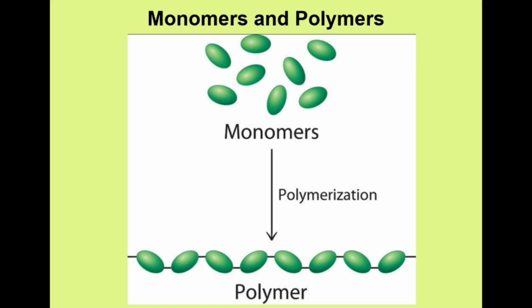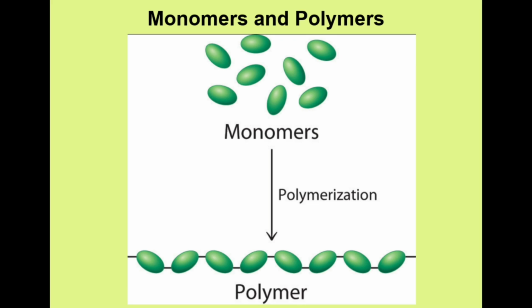Each individual bead would be a monomer, and you join them all together to make the necklace, and the necklace would be a polymer. And we're going to see this happening in carbohydrates, in our nucleic acids, and in proteins. So polymers in these cases would be referred to as the macromolecules, these really large molecules, and the monomers will be the individual building blocks that make them up.